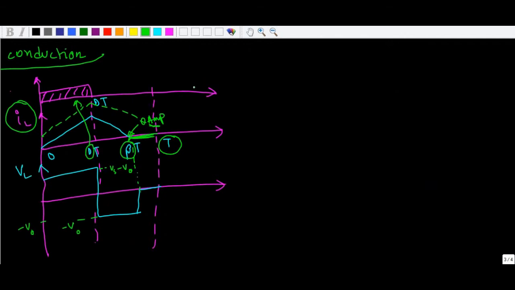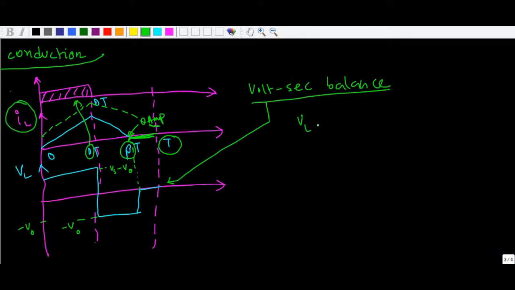Now to find the output voltage, we will apply volt-second balance to the inductor in the circuit. That is, we will apply volt-second balance to this waveform. Volt-second balance tells me that the average voltage across the inductor must be 0.